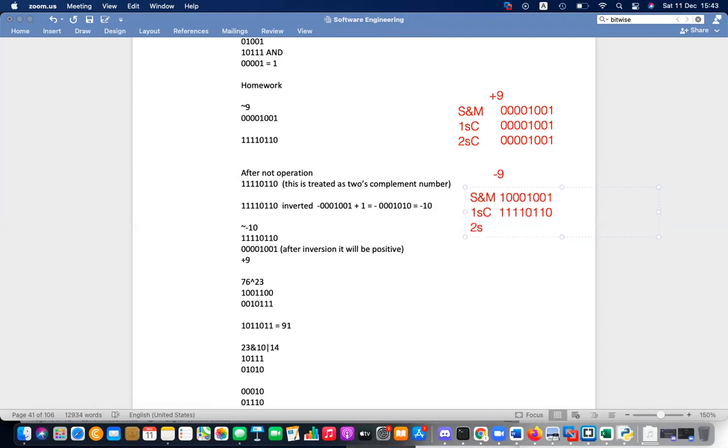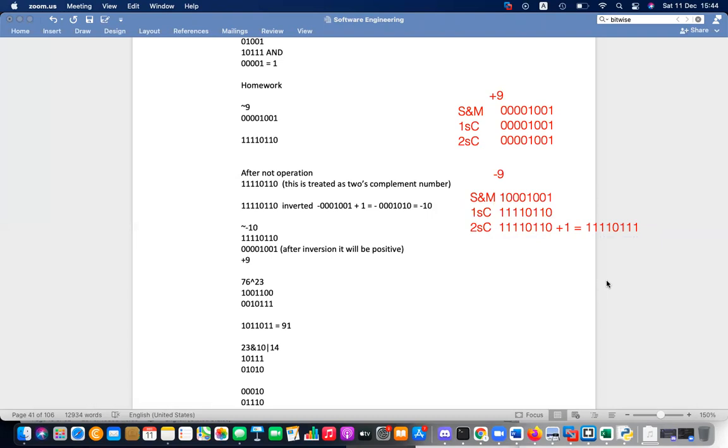For 2's complement, it is 1's complement plus 1. So 1's complement is 1 1 1 1 0 1 1 0, plus 1 gives the 2's complement, which is 1 1 1 1 0 1 1 1. This is how you represent negative numbers.